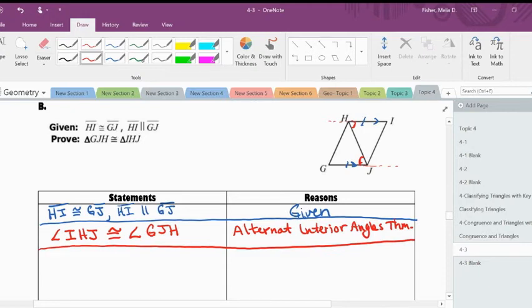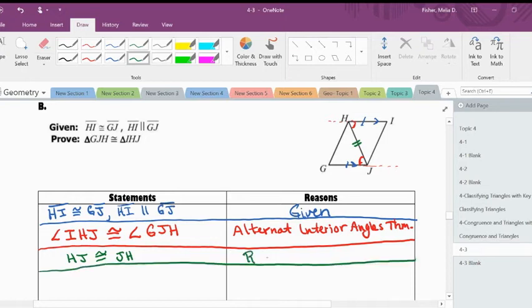The next thing that I see is that HJ is congruent to itself. So HJ is congruent to JH. Again, this is that whole looking in the mirror and seeing yourself thing, that reflexive property.